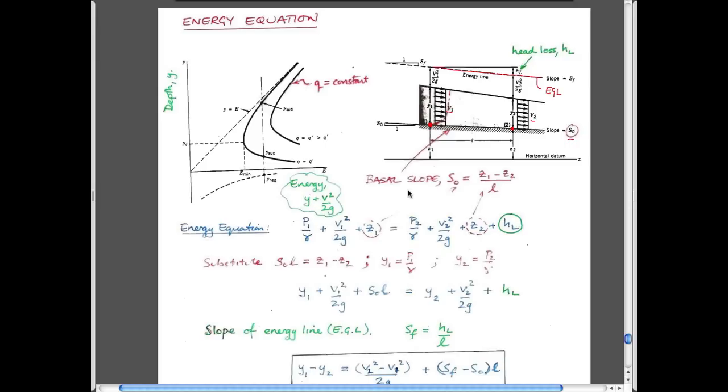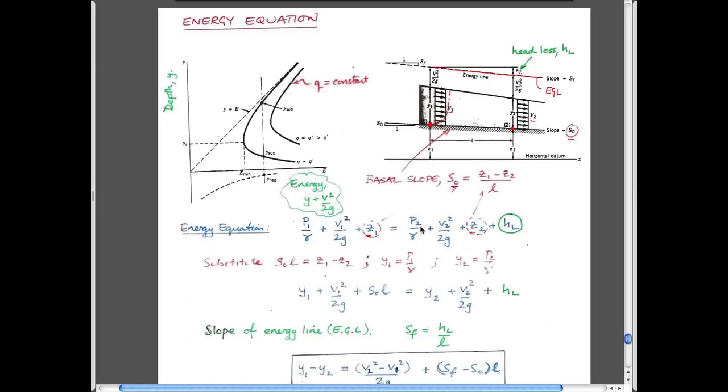We write it in terms of the fact that we know that the slope of this bottom can be defined in terms of the elevation change of the bed between upstream and downstream over some length. So in other words, this term here and this term here, we can substitute just by putting this term in, right? Just by rearranging it.